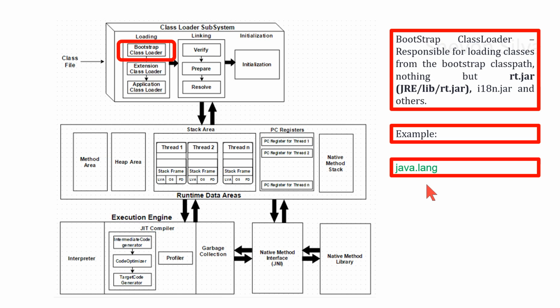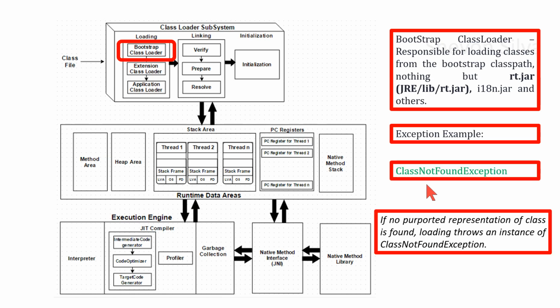For example, the java.lang package is loaded through the Bootstrap class loader, and packages like java.net, java.util, java.io are also loaded through the Bootstrap class loader, and these packages are in the rt.jar file. If no purported representation of a class is found, loading throws an instance of ClassNotFoundException.